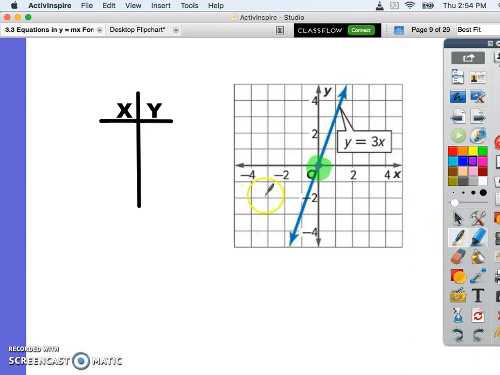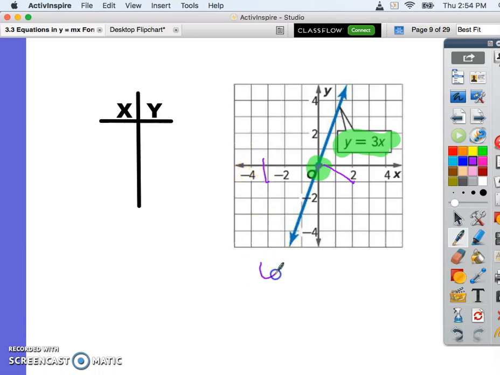This shows our direct variation equation, because it goes through the origin, it shows that the relationship is a proportional relationship.